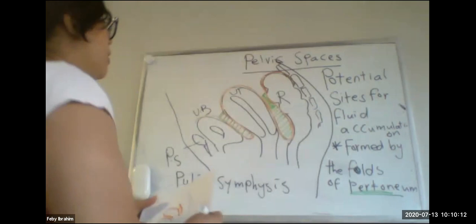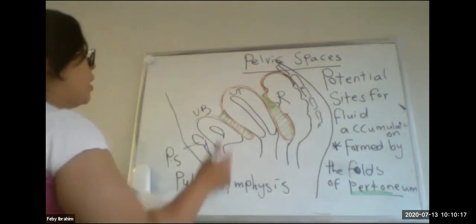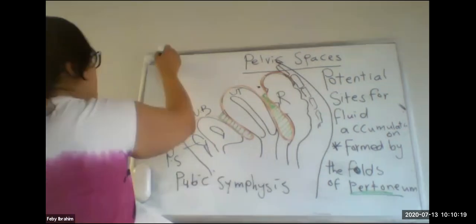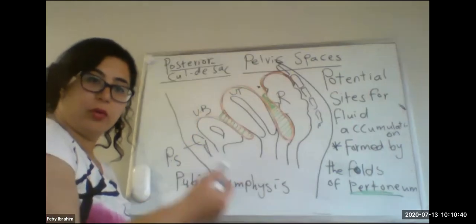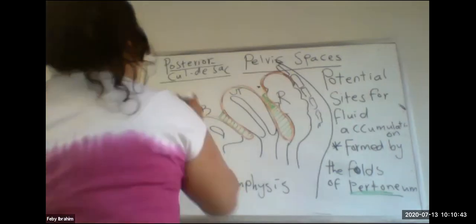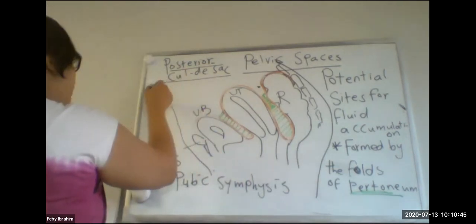So this space is called the posterior cul-de-sac. And it has another name, recto-uterine pouch. It makes sense, it's between the rectum and the uterus. That's why it's called the recto-uterine pouch.